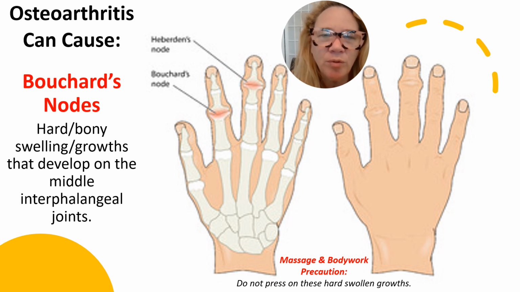You can probably do some joint mobilization and skin moisturizing, but you wouldn't want to do something like a money sign down the fingers when they have these hard, swollen growths in the interphalangeal joints. You don't want to do anything to irritate an arthritic condition. And pressing directly on hard bony growths resulting from arthritis could be painful and create new swelling because of the new pain.